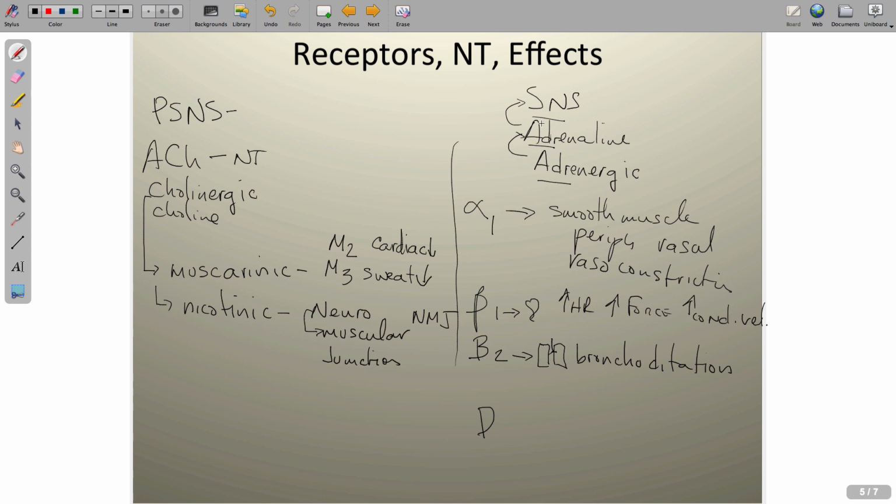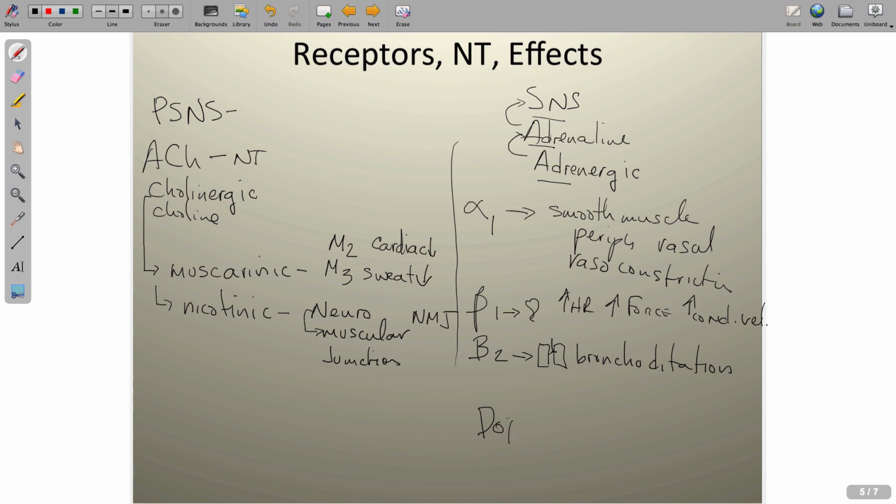It also makes sense, sympathetic nervous system, fight or flight, adrenaline, I got to increase heart rate, I got to increase force, I got to increase conduction velocity to be able to move all that oxygenated blood. And last but not least, I got to dilate the bronchi so that I can move more air in and out of my lungs. These are all sympathetic responses.